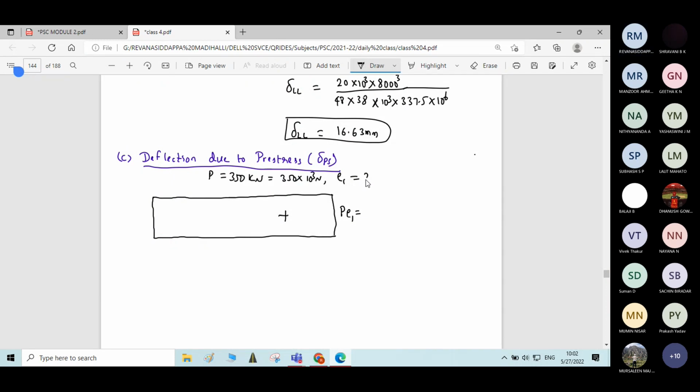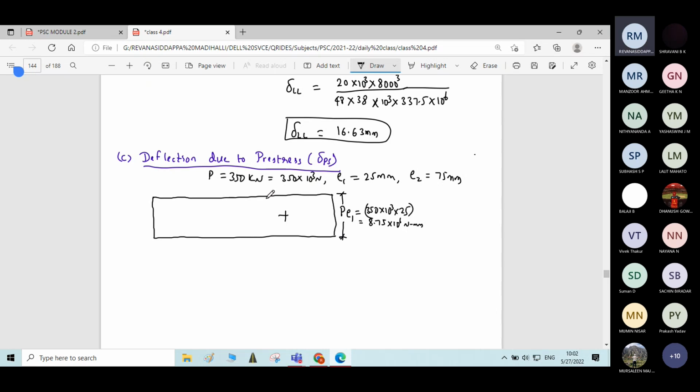So P into E1 is 350 into 10 power 3 into 25. You'll get the answer as 8.75 into 10 power 6 Newton millimeter. It's a moment, correct? P into E1.